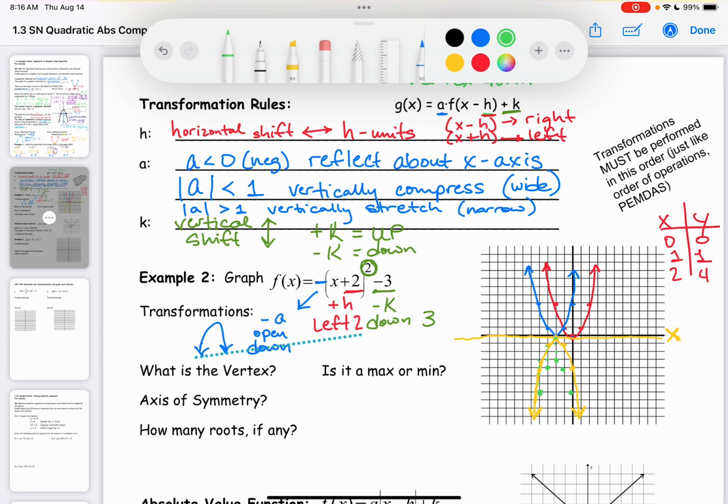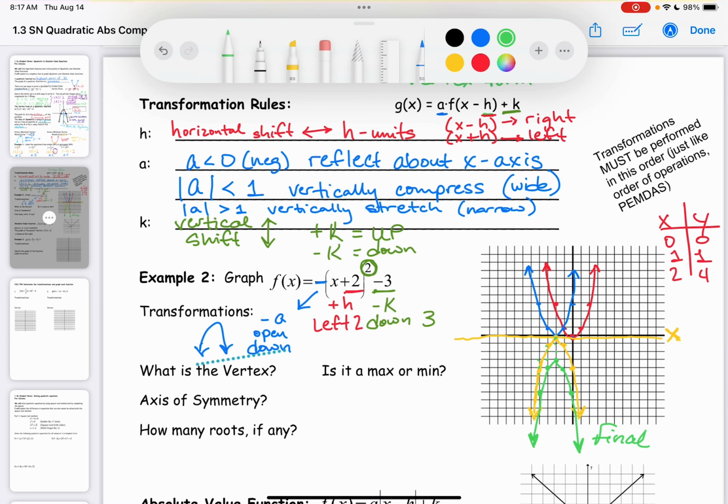So I've got all my new points plotted. I'm going to trace this guy out in green. And so the green parabola here is my final shape, final form, final transformed parabola.